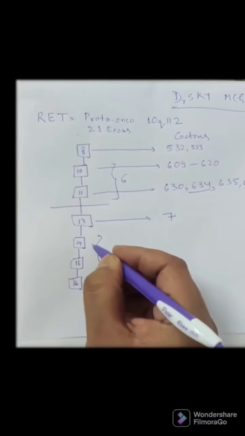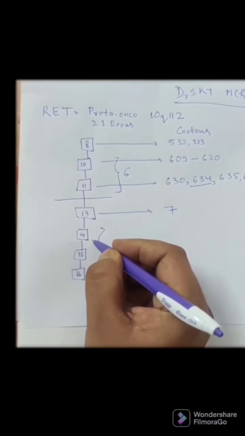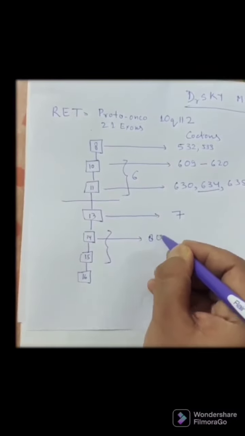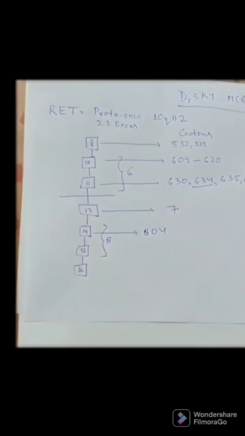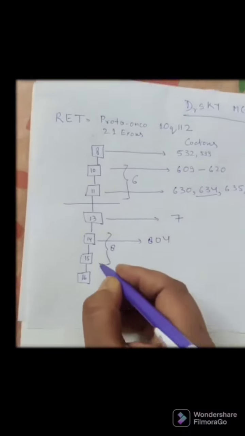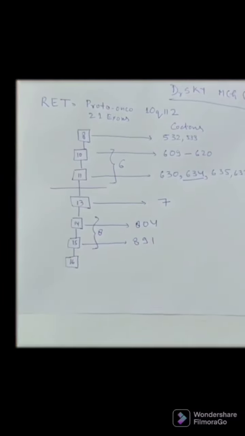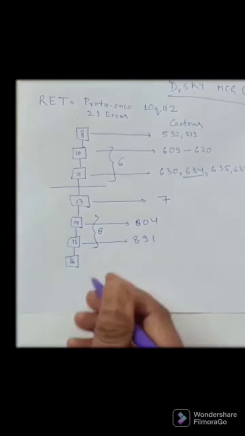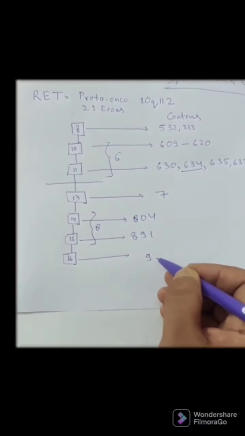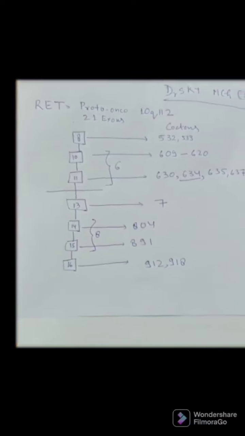There is an important codon on exon 14, which is 804. And on exon 15 there is 891. This we should remember. Then on exon number 16 the codon series is 9. There are two important codons, but the most important one is 918.